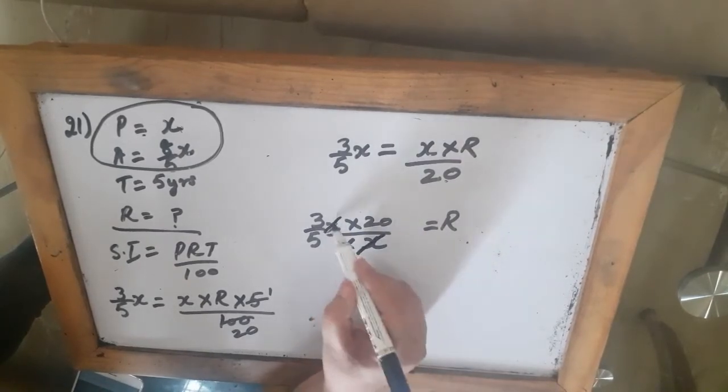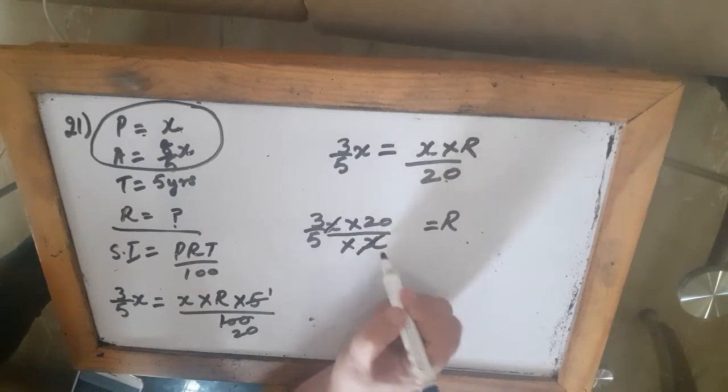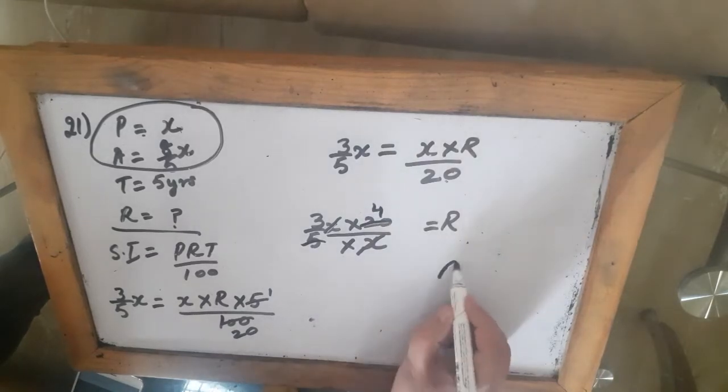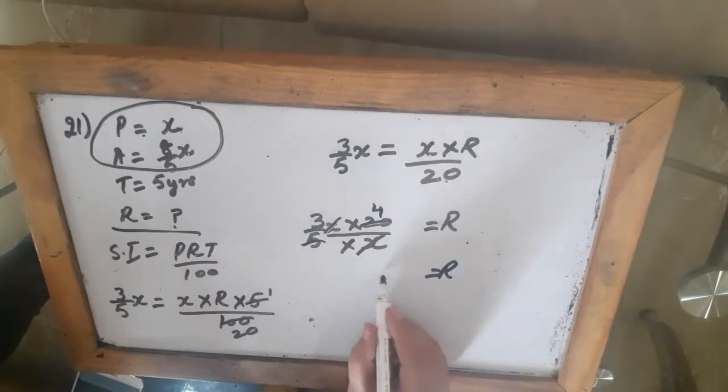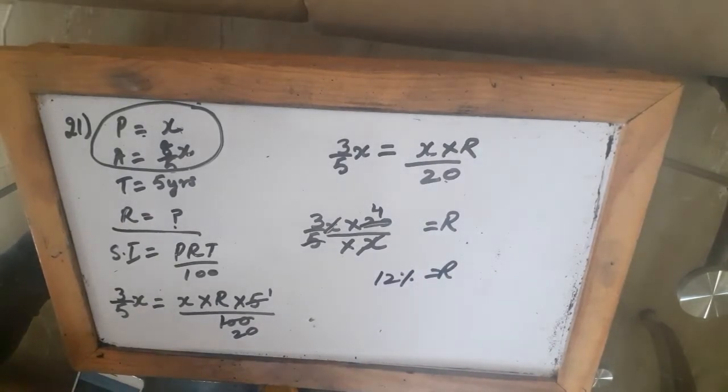X and x get cancelled. What else? 5 4s is 20, so r comes to be 3 4s 12%. So what is r? The rate of interest, that is 12%.